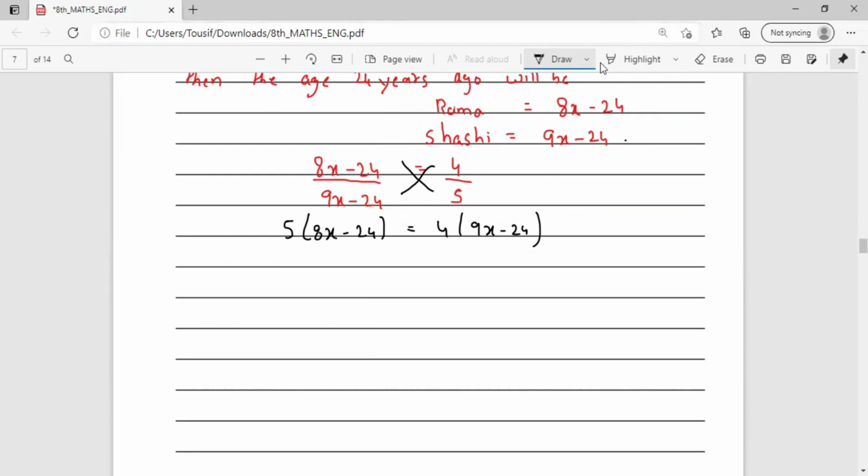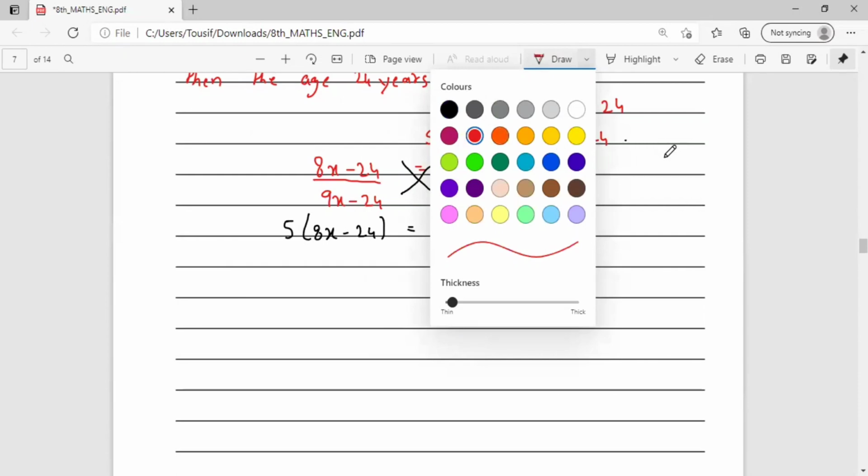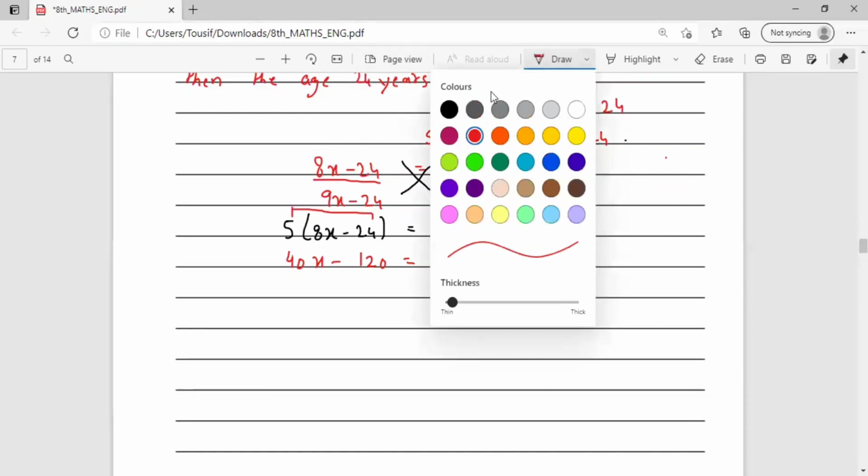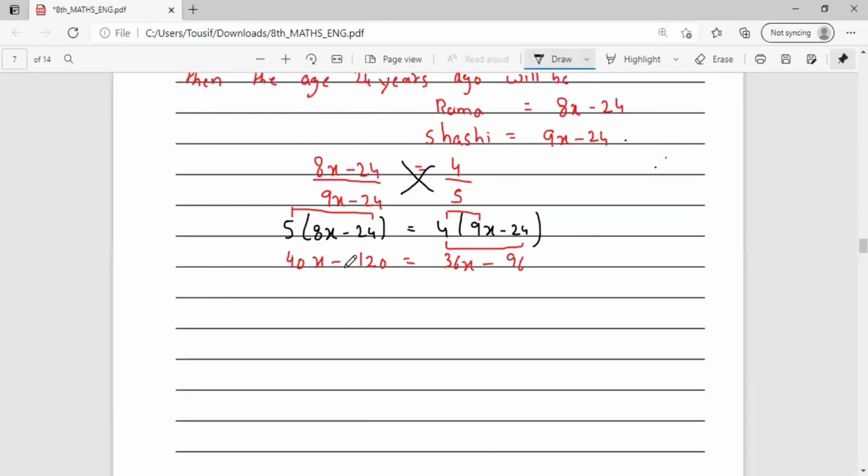Now let us remove the brackets by multiplying, because a bracket is nothing but multiplication. 5 into 8x is 40x minus 5 into 24 gives 120, is equal to 4 into 9x gives 36x minus 4 into 24 gives 96. Now transpose the like terms: 40x and 36x we write together. I transpose 36x to the left hand side, it becomes minus 36x.